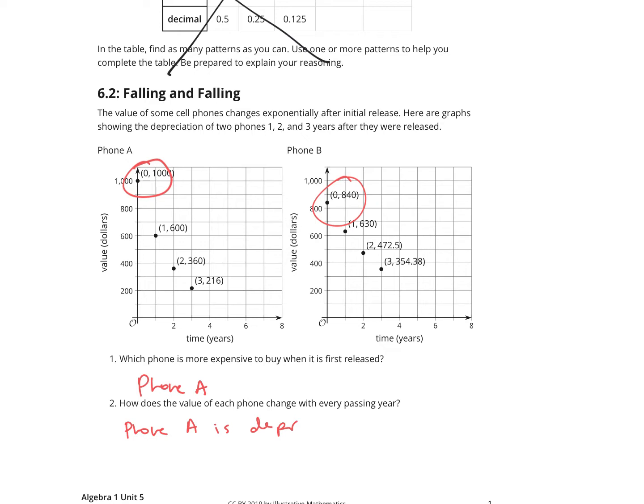And for those who don't know, depreciating means that you're just losing value. When things are purchased, they often will depreciate. They will lose value. They will not be worth as much. If you recall from the last lesson, we had the car that was depreciating. Well, here we're talking about cell phones depreciating as well.